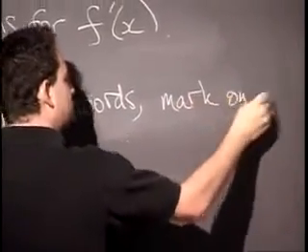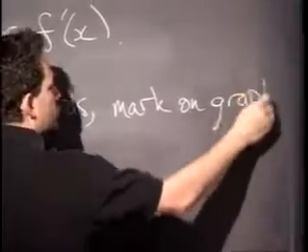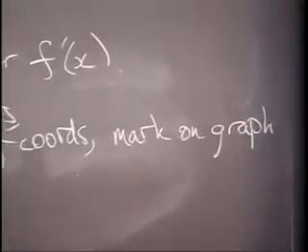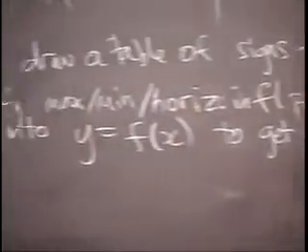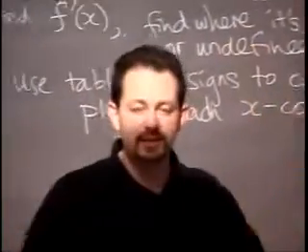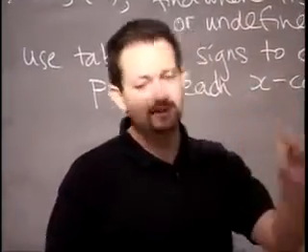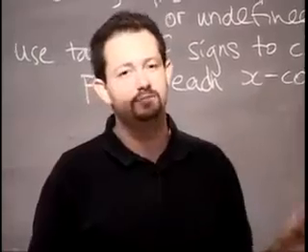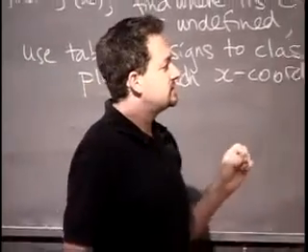In fact, I should have said that you should try to mark as many of these things on the graph as you go along. So you can mark in the asymptotes, vertical and horizontal, and mark in the intercepts as you find them.